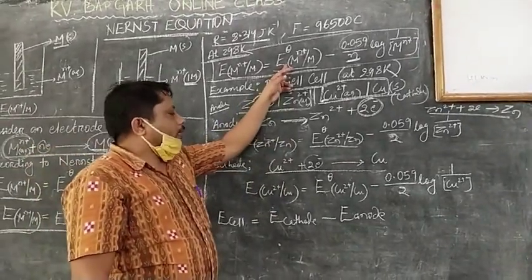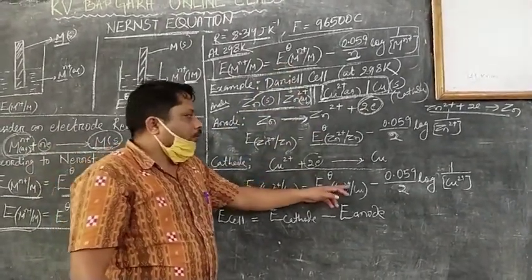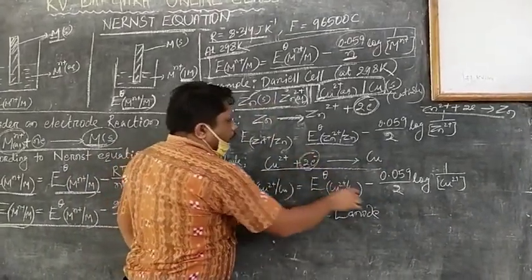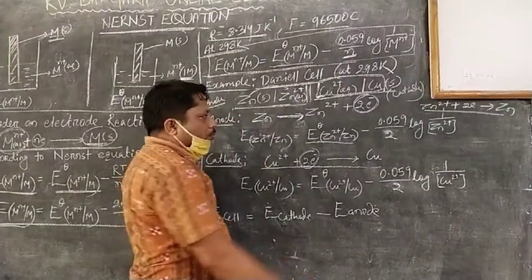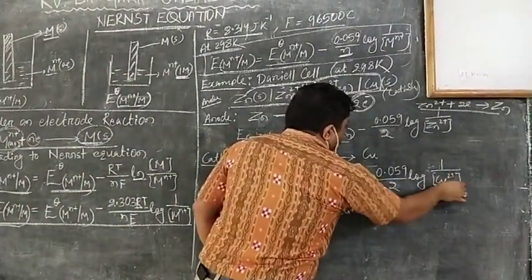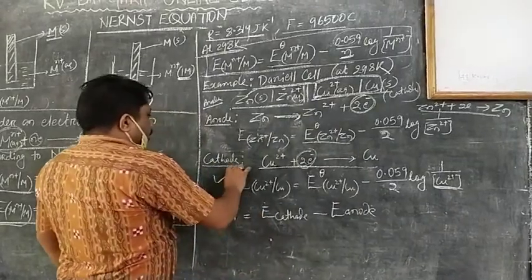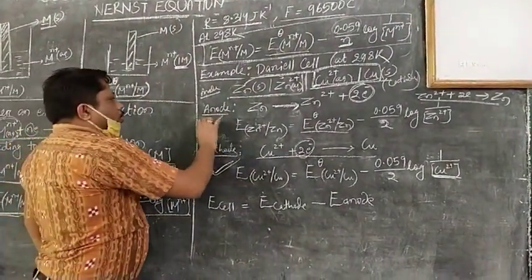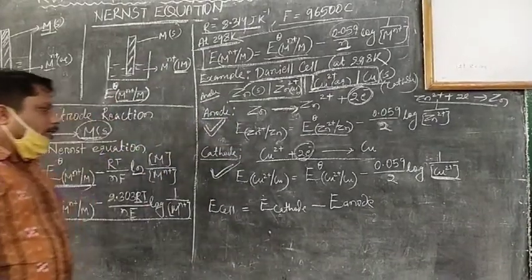The value remains the same, and again 2 electrons are involved, so in place of n you write 2, log 1 by concentration of copper ion. So this is the Nernst equation for the cathode, the copper electrode, and this is the Nernst equation for the anode, the zinc electrode.